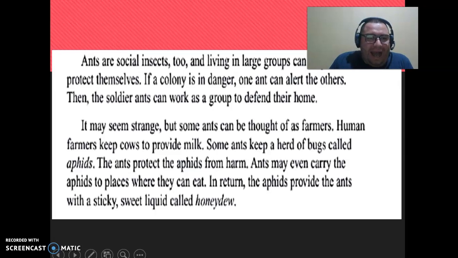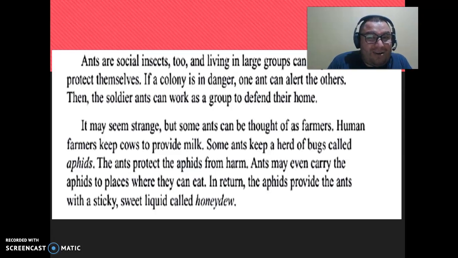So ants, I was talking about ants, right, are social insects too, and living in large groups can help them protect themselves. If a colony is in danger, one ant can alert the others, and then the ants can work as a group to defend their homes.